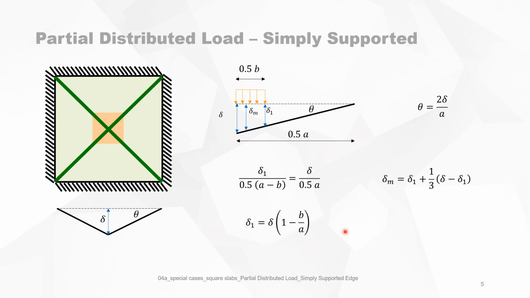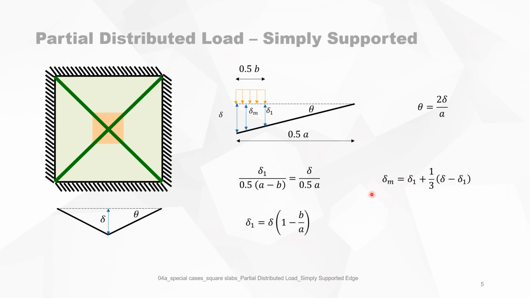And delta m is then this part which has a uniform deflection of delta 1. So this is delta 1, plus you have this little triangle with the length of this side equal to delta minus delta 1. And because it's a triangle, it's 1/3.